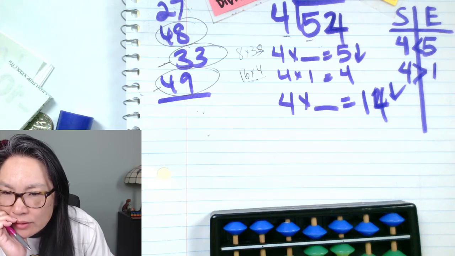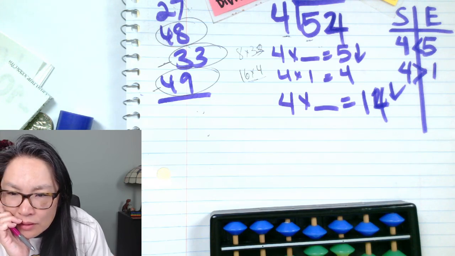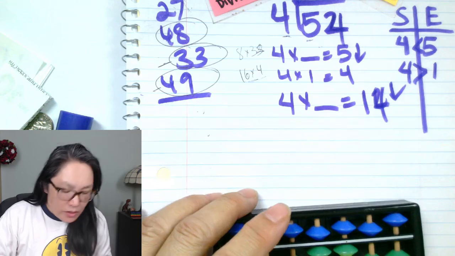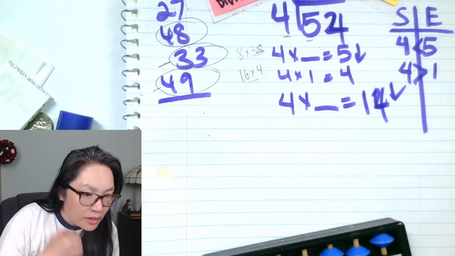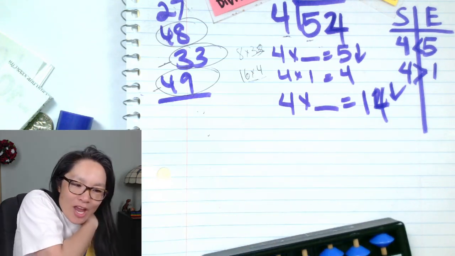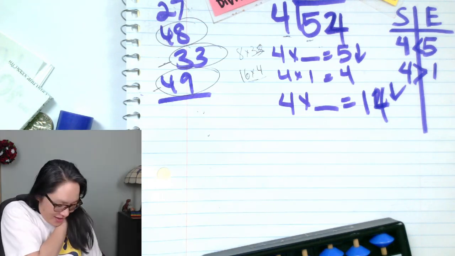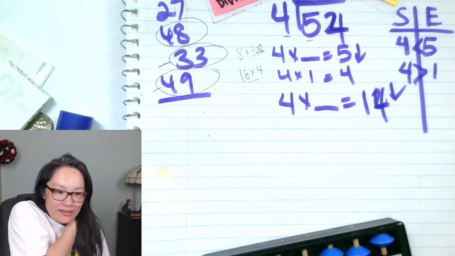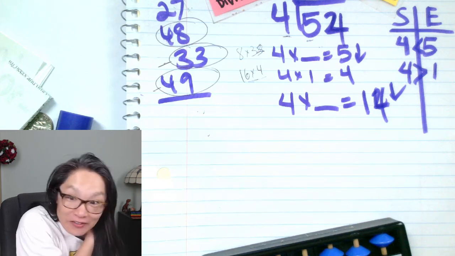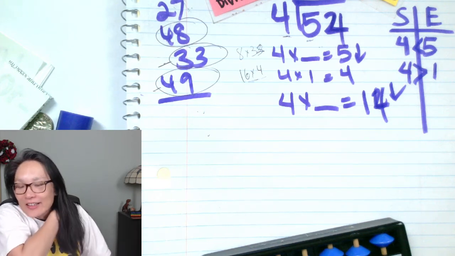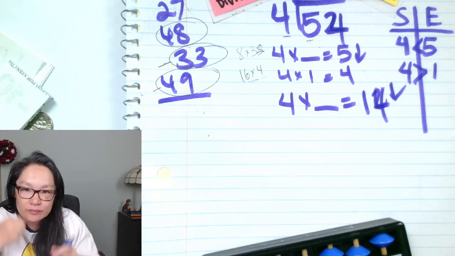Okay, here we go. So here they use chat. You know, chat doesn't do abacus. I've checked. All right, so here's a question.